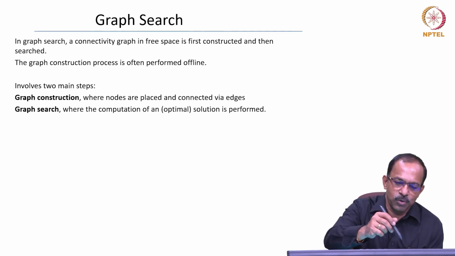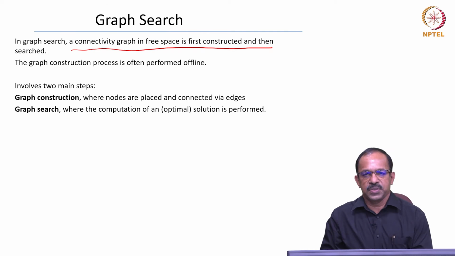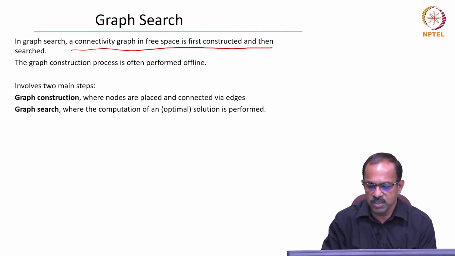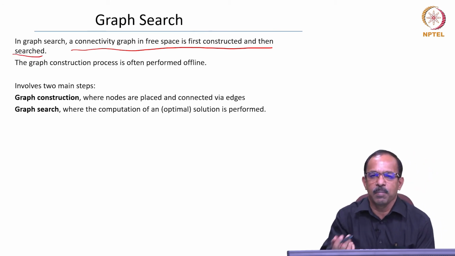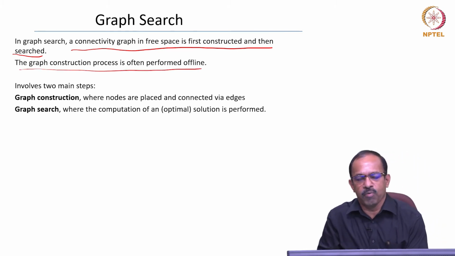Okay, so what we do in graph search is a connectivity graph in free space is first constructed. So, we will try to construct a connectivity graph in the free space, and then we search in that graph for the best path. Therefore it will normally be done offline.